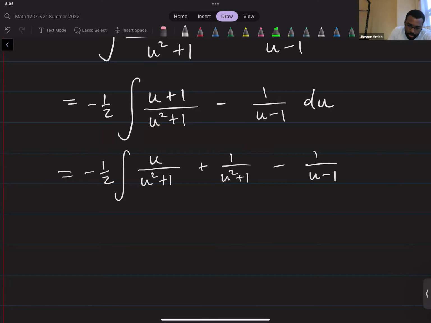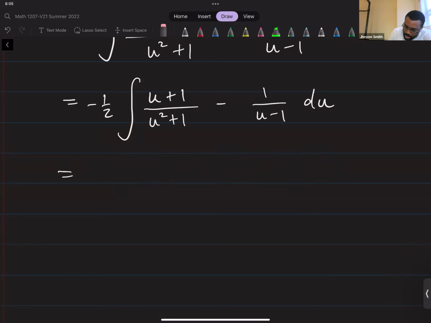Right, in fact, for clarity, let's actually make these three separate ones. So minus 1/2. Split this up into u over u squared plus 1 du.